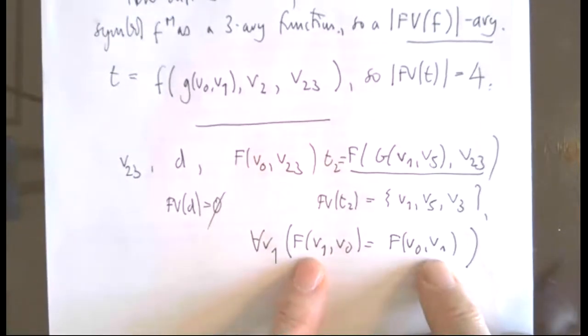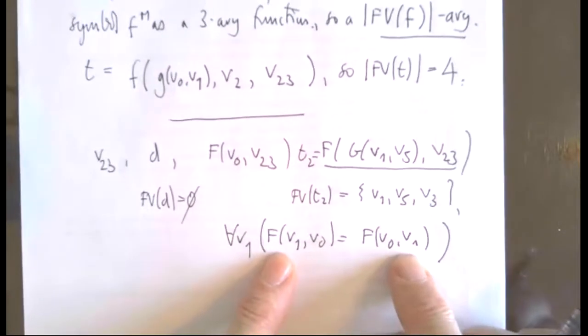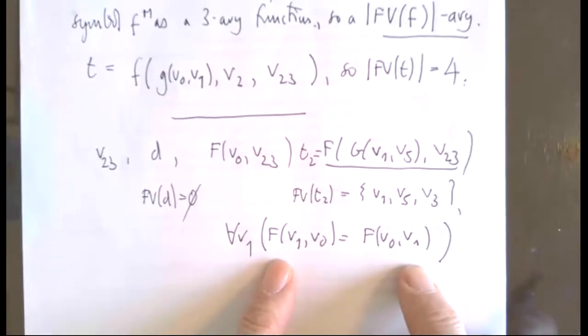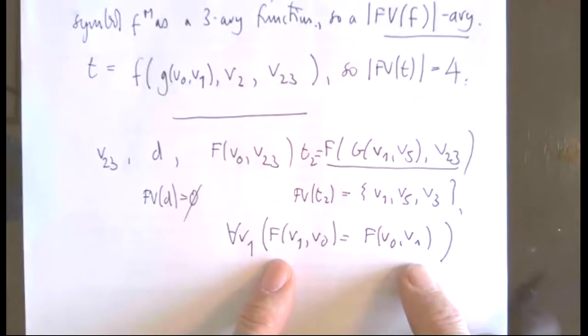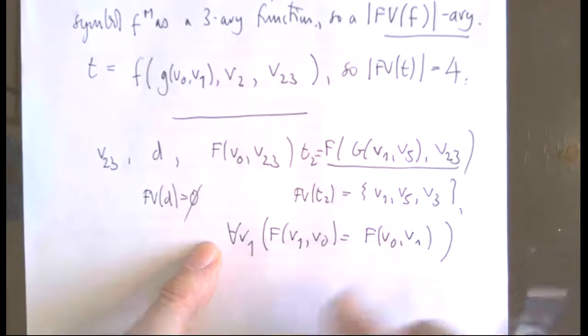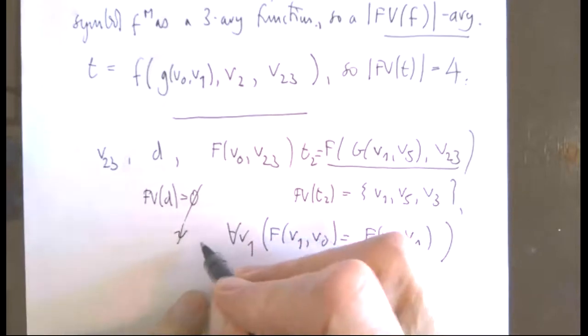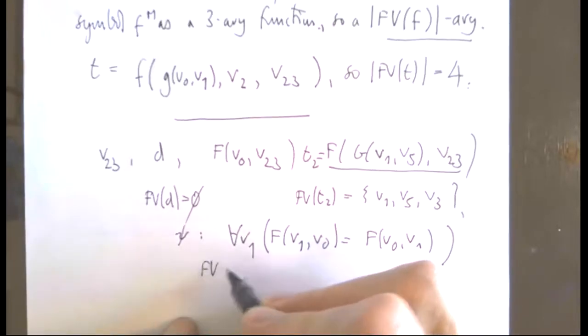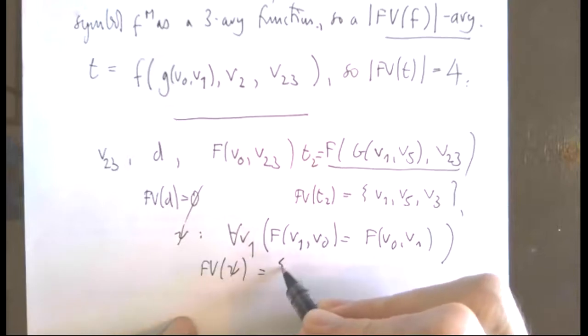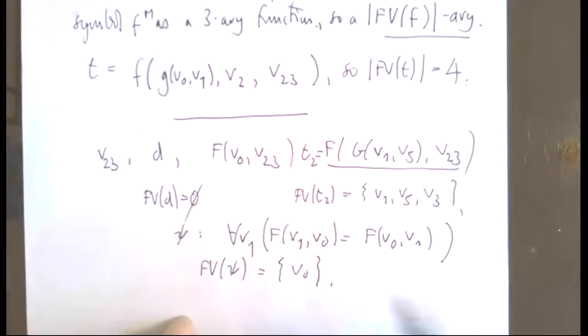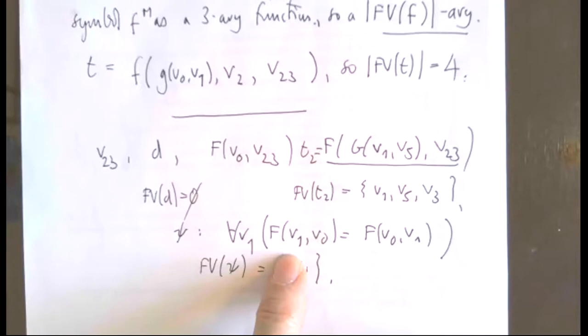So here we've got an atomic formula relating two terms. So it looks like something is commuting down in here, right? And the free variables in this formula, so now it's a formula, it's not a term, so let's call this psi. The free variables of psi here are just V0, because the V1 has become bound by this.